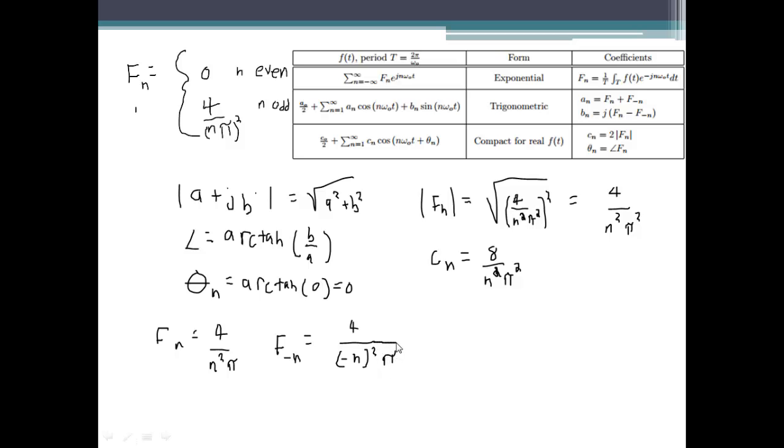And because it's squared in the denominator, it just comes out to be the same exact thing as f of n, which is 4 over n squared pi squared. So to find our a sub n values, we were just going to add these two together. So a sub n equals 8 over n squared pi squared.